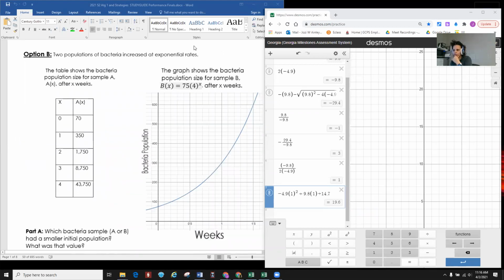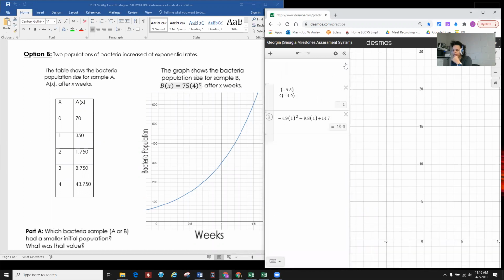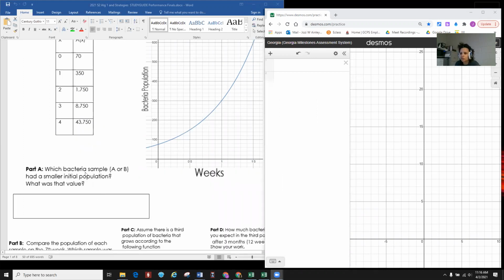All right, so the second question. It shows populations of bacteria increase at exponential rates. So this is an exponential on the table, an exponential on the graph. It says which bacteria sample A or B has a smaller initial population, and what is that value?